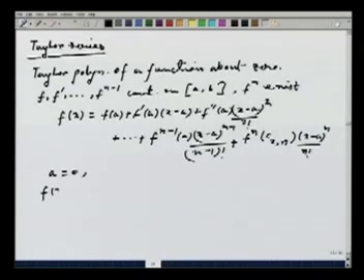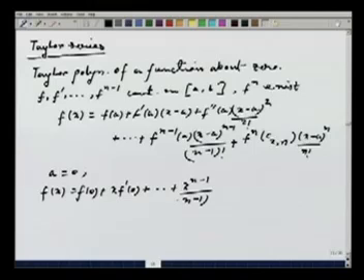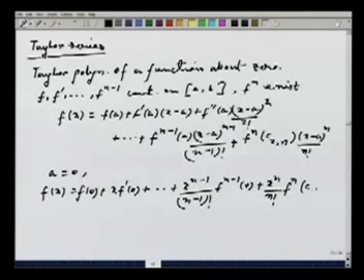So a equal to 0 means f(x) equals f(0) plus x f prime(0) plus x to the power n minus 1 by (n minus 1) factorial into f^(n minus 1)(0), plus x to the power n by factorial n into f^(n)(c_{x,n}). So the point c which we are getting here depends on x as well as n.